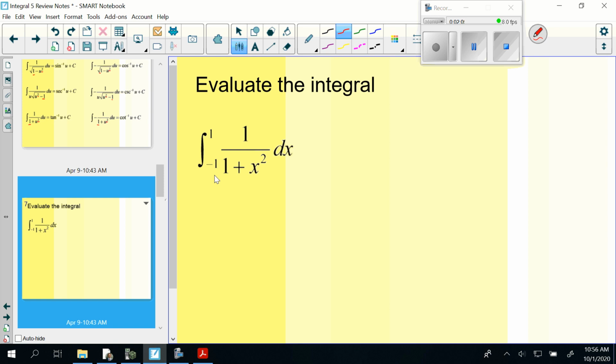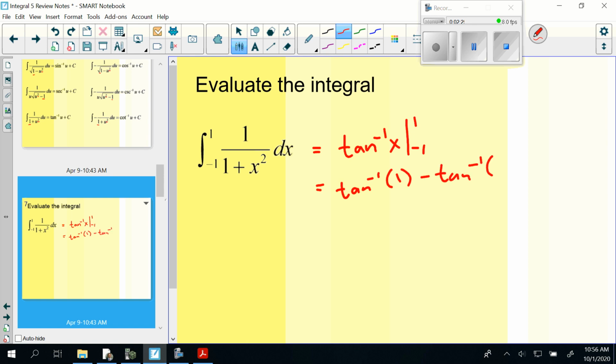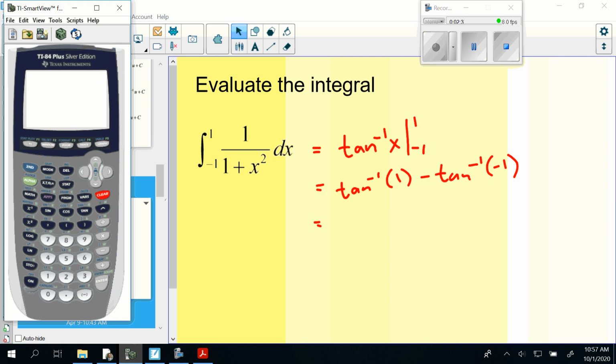This was the inverse trig of tangent. So that's our antiderivative here, inverse tangent, evaluated at both 1 and -1. Now we want to figure out the inverse tangent of 1 minus the inverse tangent of -1. Those we could evaluate with a calculator by doing second tan and then putting in either 1 or -1, and you get about 0.785.